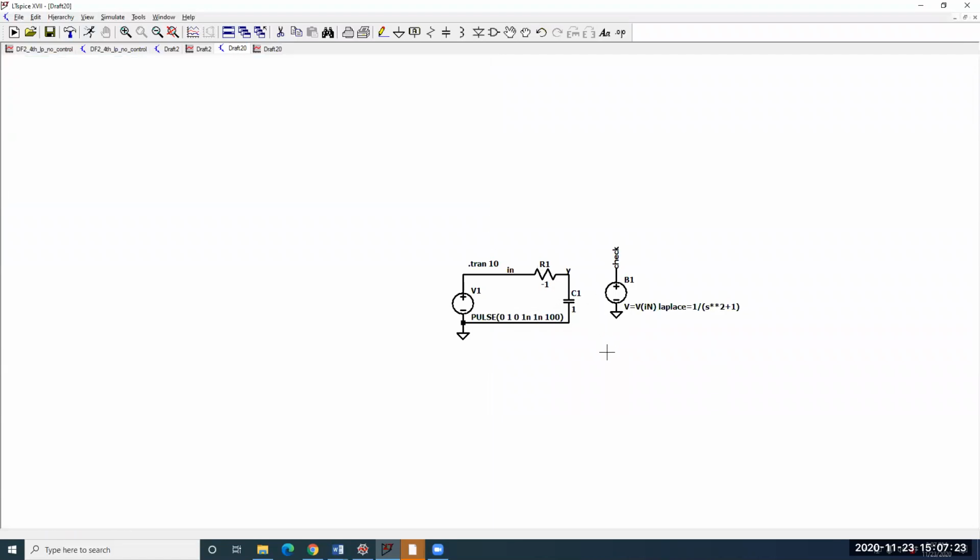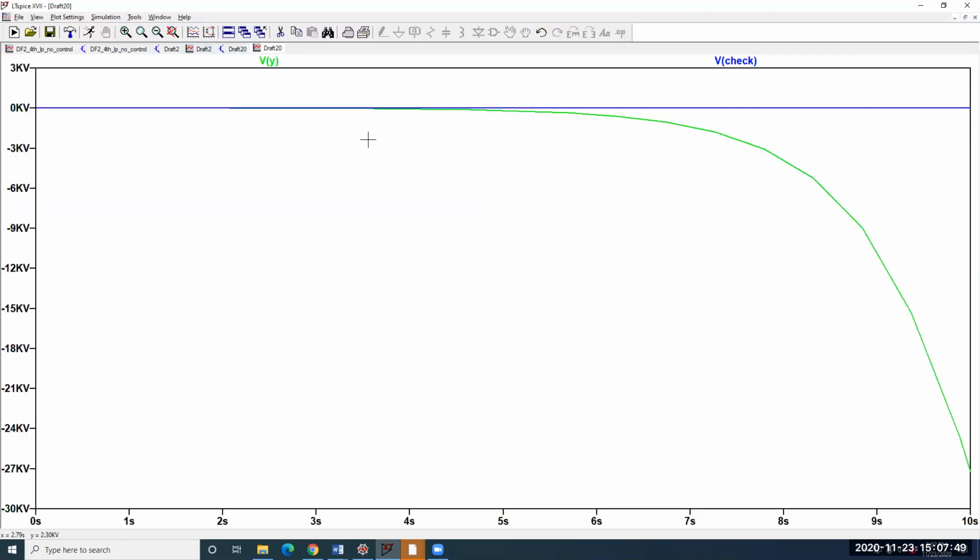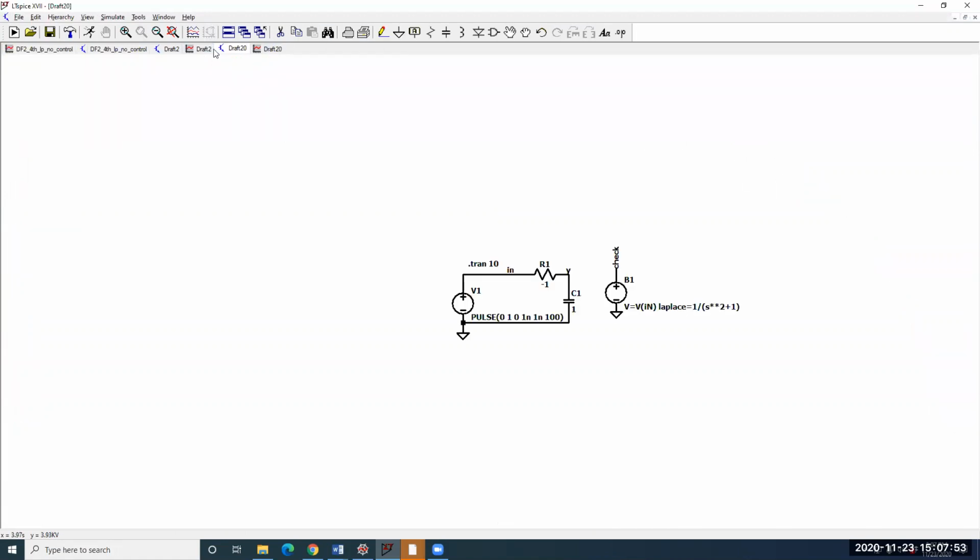Because R1 being minus makes the transfer function negative, effectively. But that pole would be at -1 over R1C1. Since it's minus, it would be on the right-hand side. So that's how you can simulate. If you have a doubt about something, you can simulate that, right?